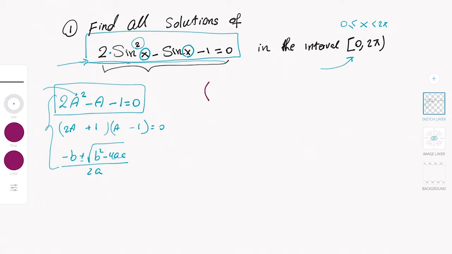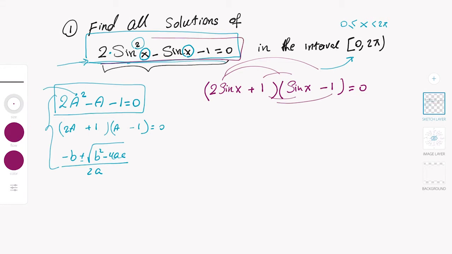Factoring this, we're going to open two parentheses. We have 2 sine of x plus 1 and sine of x minus 1. That means if you multiply this, you will get this one back. So we didn't do anything wrong. We just factored it.